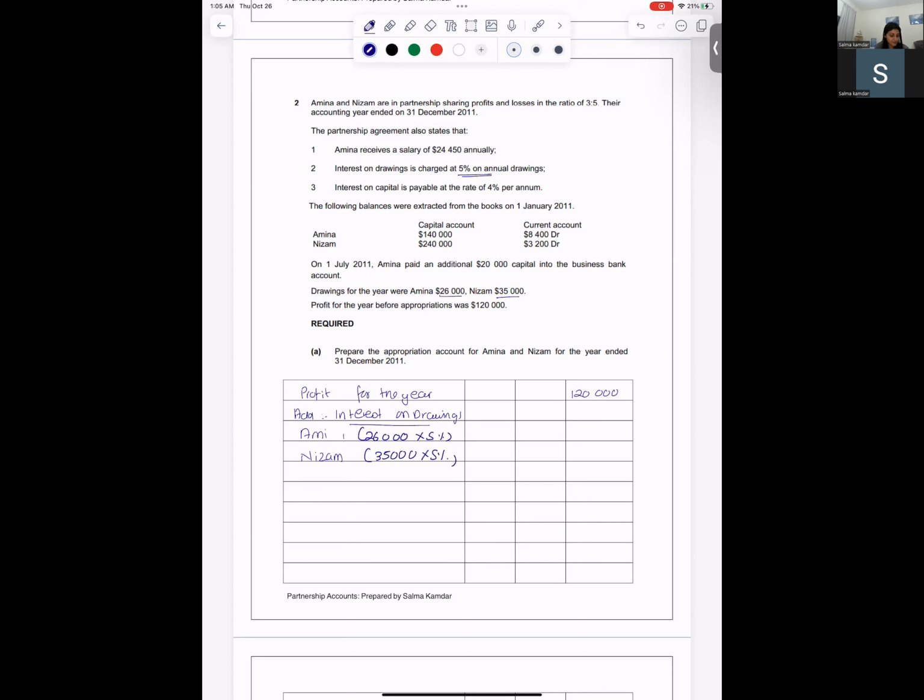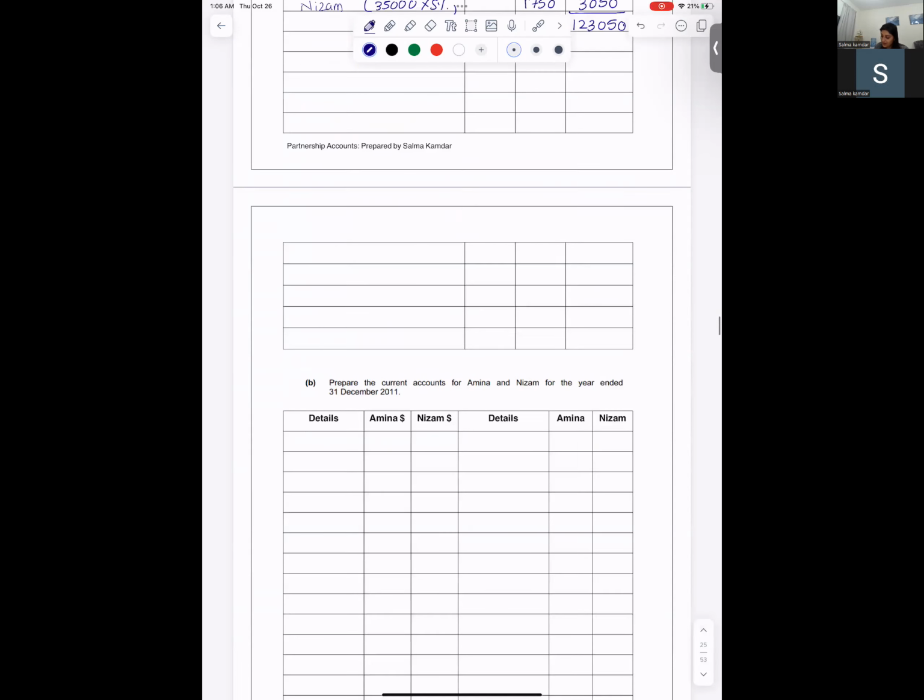It comes up to 1,300 for Amina and 1,750 for Nizam. So interest on drawings is 3,050. When I add this, I will get 123,050. We are also asked to prepare the current account of the partners.